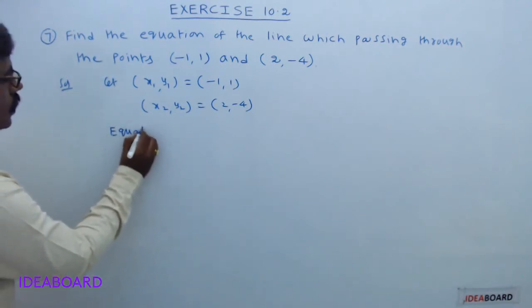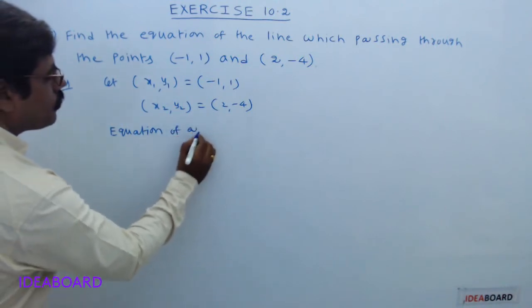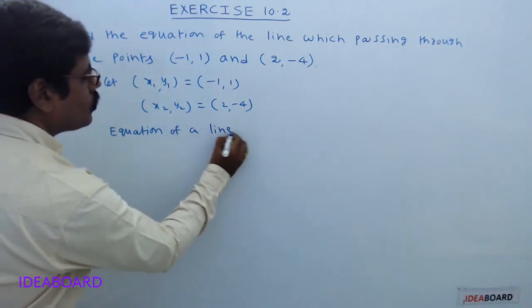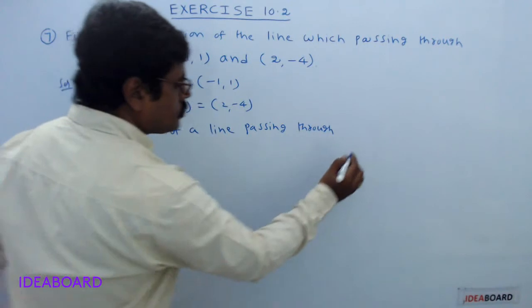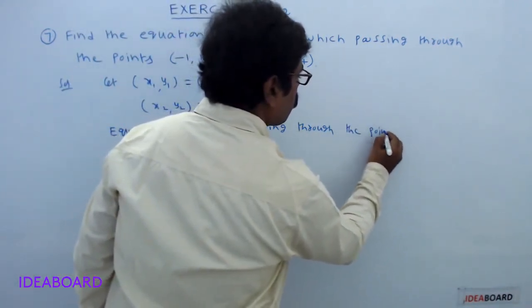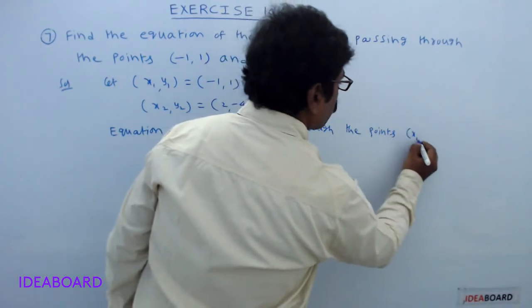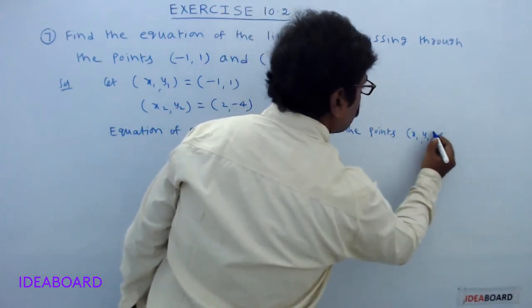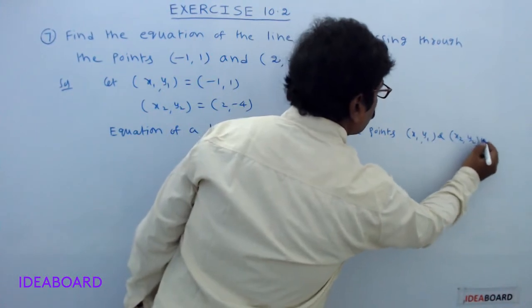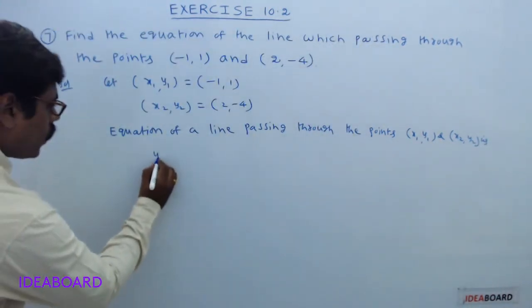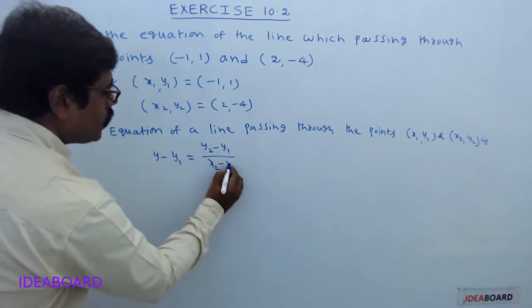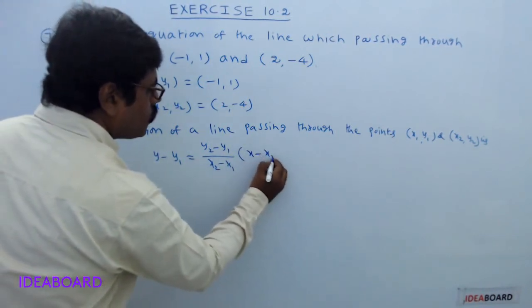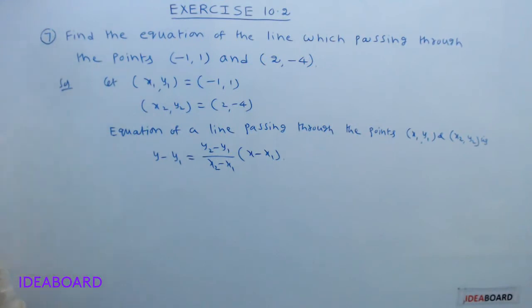So the equation of a straight line passing through the points (x1, y1) and (x2, y2) is y minus y1 equals (y2 minus y1) divided by (x2 minus x1) into (x minus x1). Now in this formula, substitute the values.